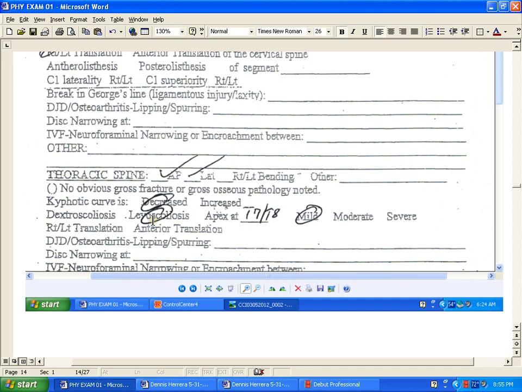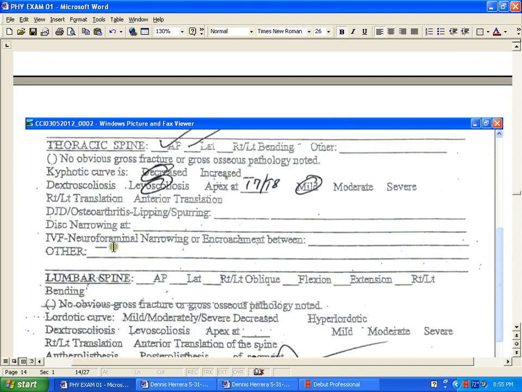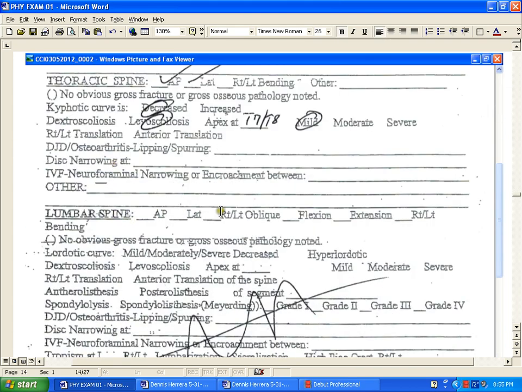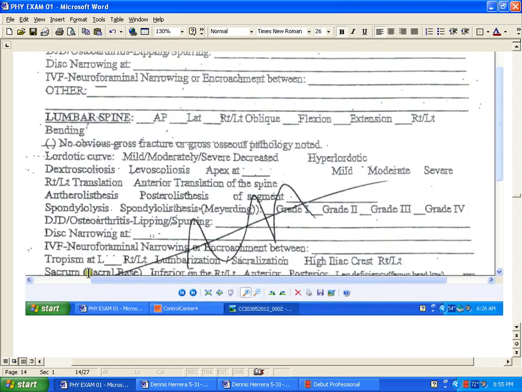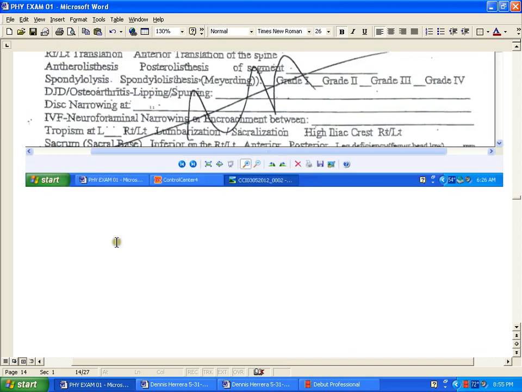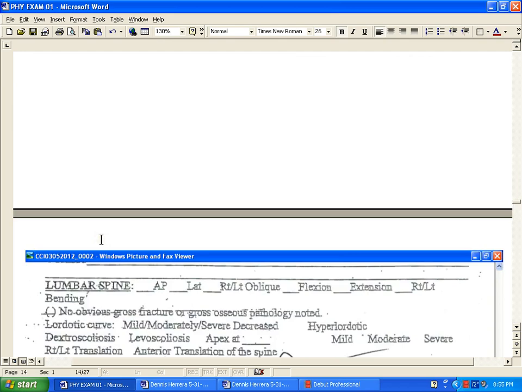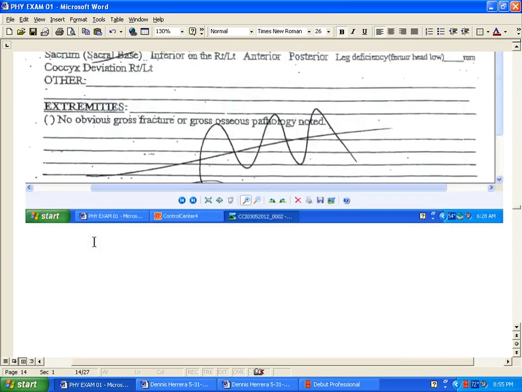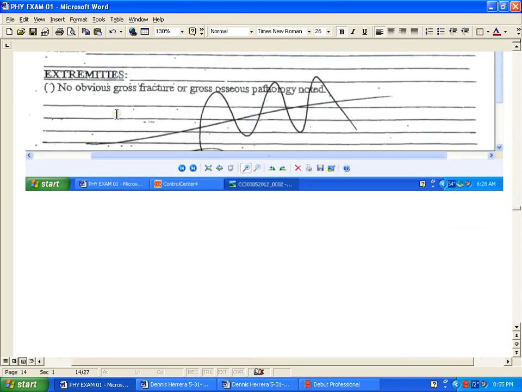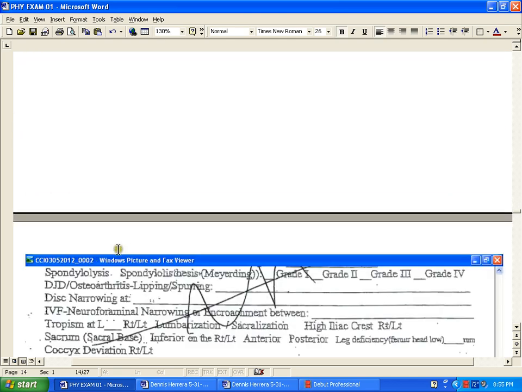Mild levoscoliosis of the apex at T7-T8. That's just a repeat of that. Then there was no lumbar spine, so that was just scratched off, so we don't do anything with the lumbar spine. Now, if there was an extremity, like a left shoulder, it would indicate it on that part.